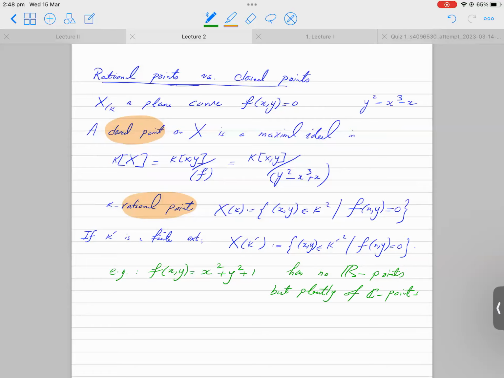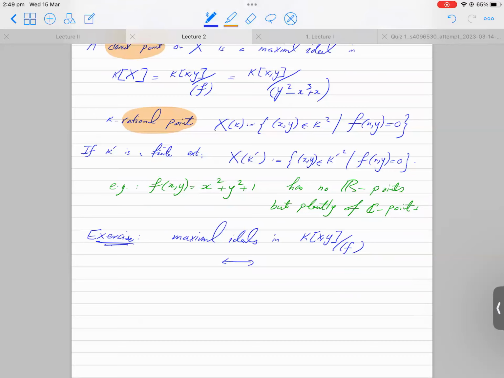So now, how do closed points and rational points compare? Here's an exercise. Maximal ideals in our ring, which are, by the way, also known as closed points, are in one-to-one correspondence with what?